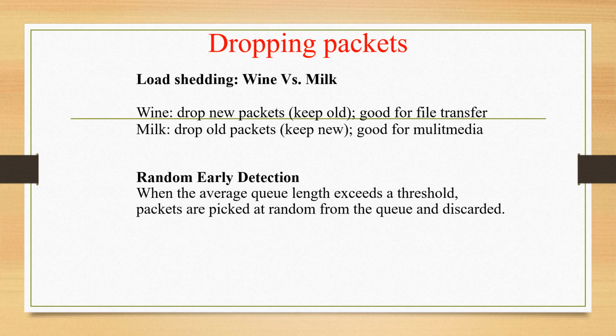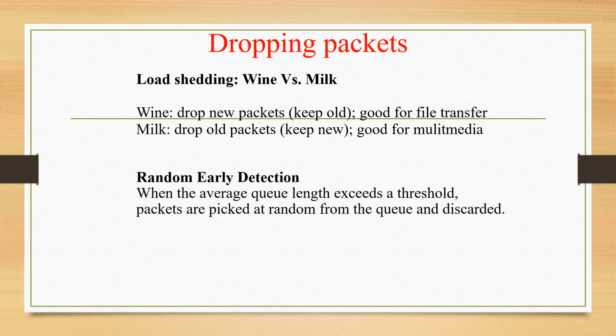Which one has to be thrown away? For a file transfer, for example, we cannot discard older packets since this will cause a gap in the received data. For real-time voice or video, it is probably better to throw away old data and keep the new packets.